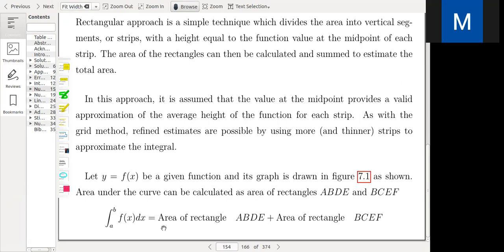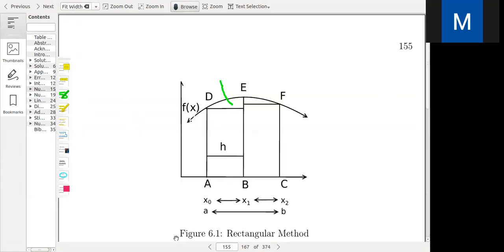We can start by deriving the formula for two rectangles, so that's why we have divided the area under the curve into two rectangles. Also, we can mark the point A as x0 and point C as x2, and x1 is the point that lies between x0 and x2. So the interval AC is divided into two subintervals.